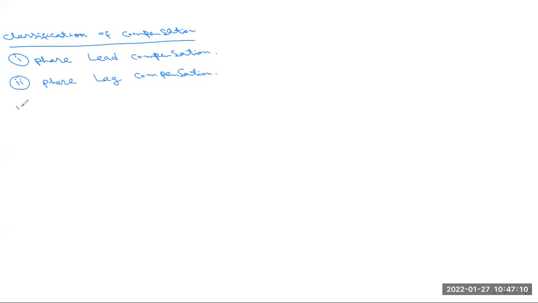And number three, this is a combination of lead and lag, that is called phase lead lag compensation network or compensation circuit. So this is the basic classification of the compensation design or compensation circuit of the control system.